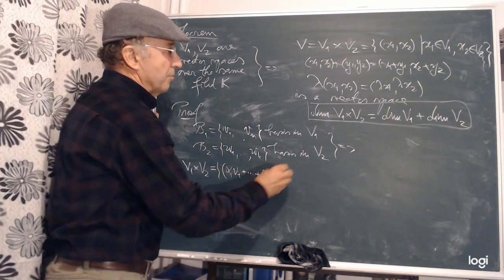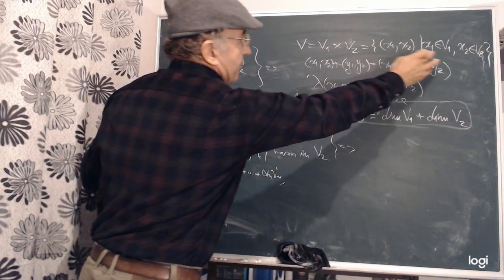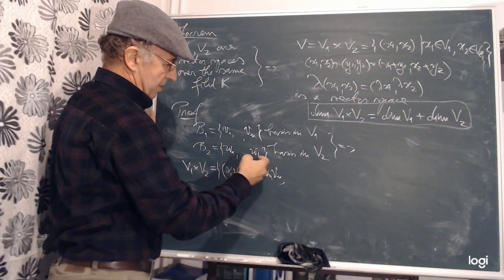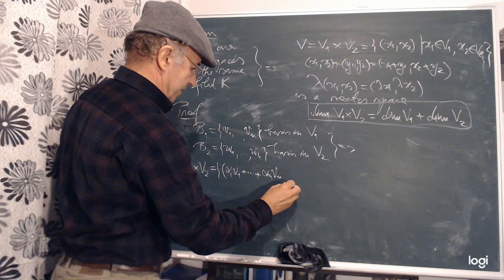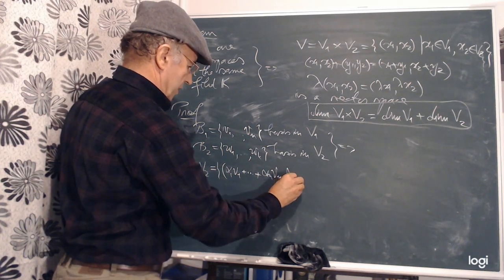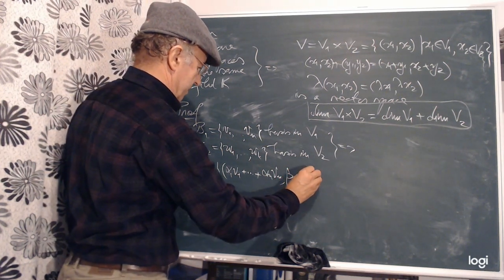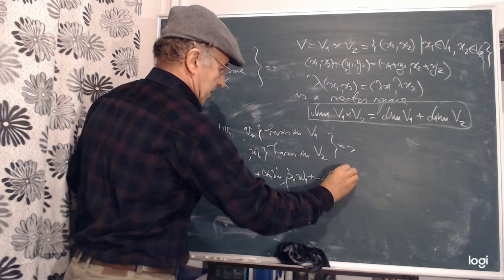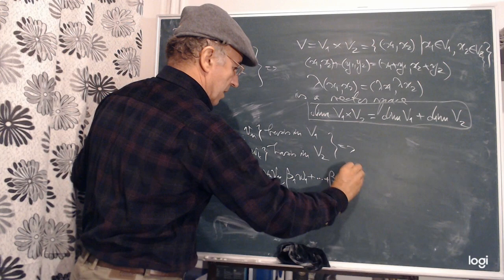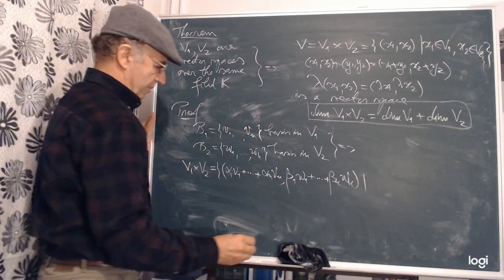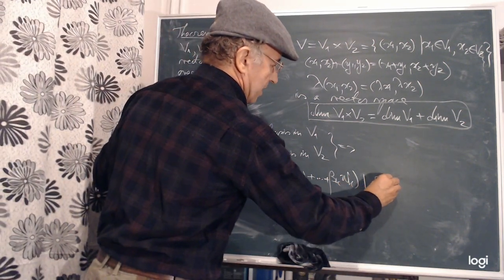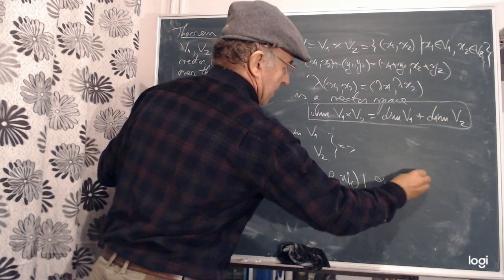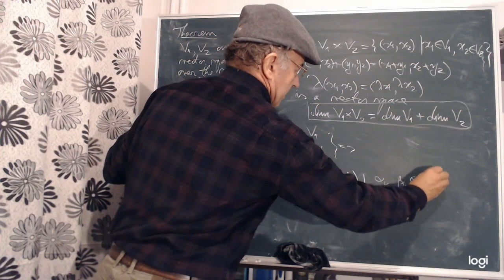The second component is a vector from V2, a linear combination of w1 up to wk: beta 1 w1 plus up to beta k wk, where the coefficients alpha i, beta j are from the field of scalars.